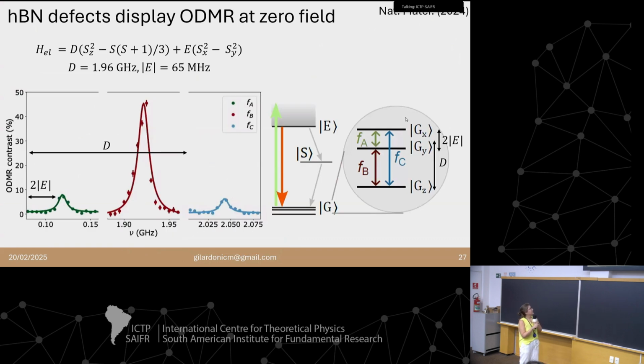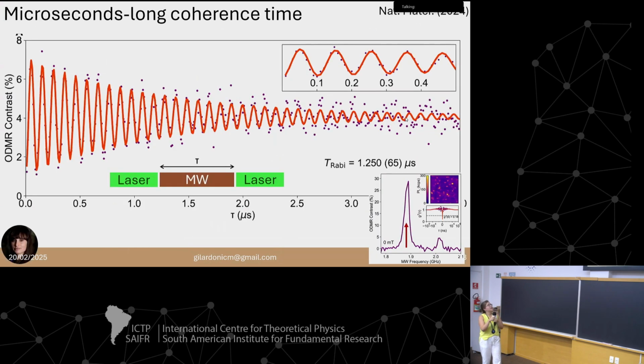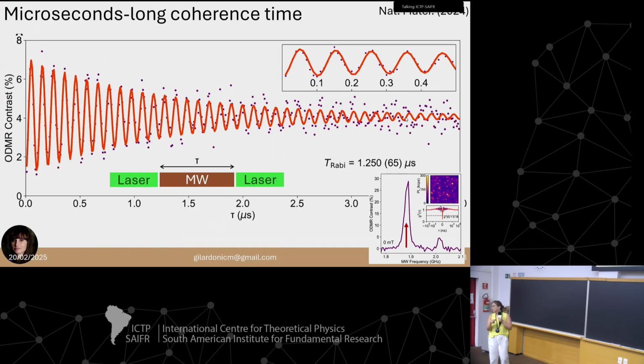And recently, during my time in Cambridge, we've found that these defects also have magnetic resonances that you can read out through ODMR, so that you can read out through the photon emission. So they also have spin signatures like this. That means they are also a spin triplet like the NV. And we can observe spin coherences in these systems also at room temperature, right?